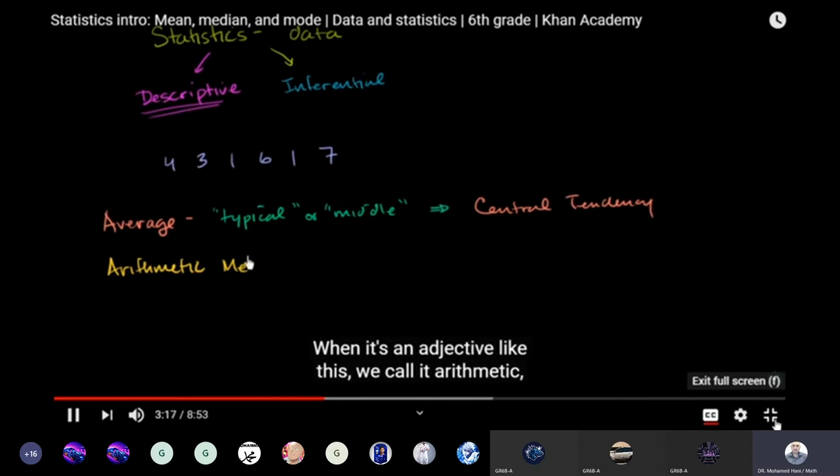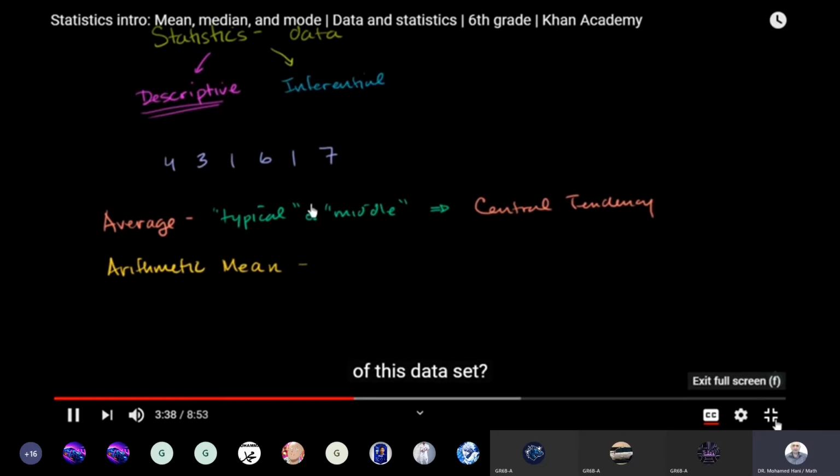When it's an adjective like this, we call it arithmetic. And this is really just the sum of all the numbers divided by, and this is a human constructed definition that we've found useful, the number of numbers we have. So given that, what is the arithmetic mean of this data set?